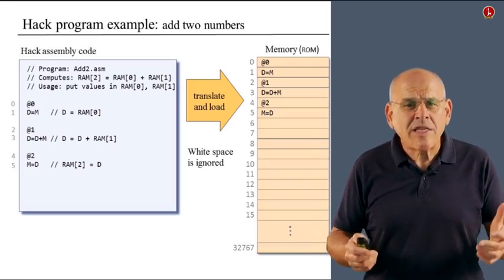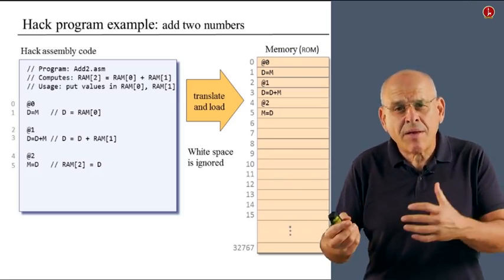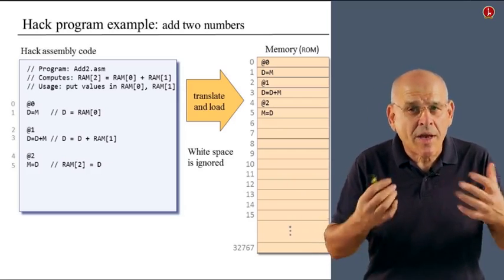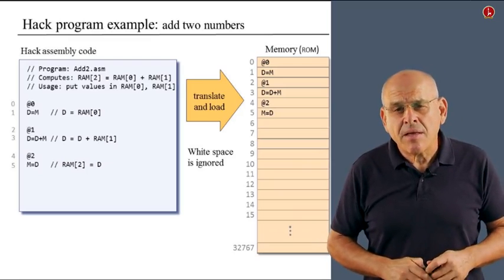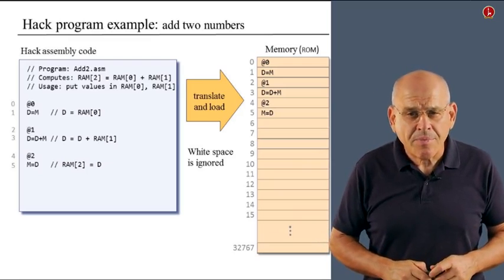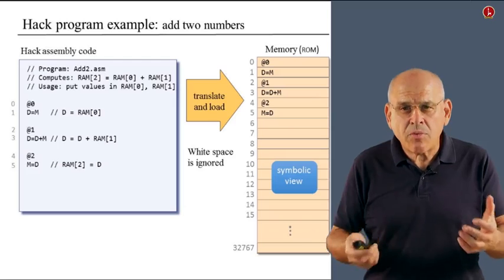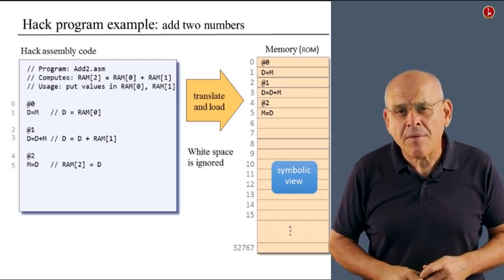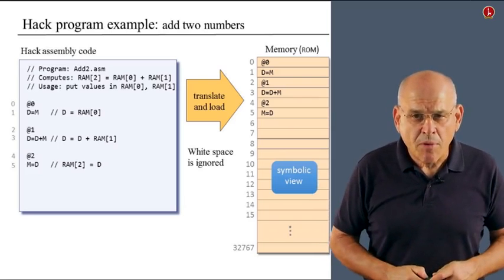First of all, white space is ignored. And the only instructions that get into play, so to speak, are the real instructions, the instructions that have line numbers in this example here. And in addition, it's important to remember that what we see here in the instruction memory is a symbolic view of this program.